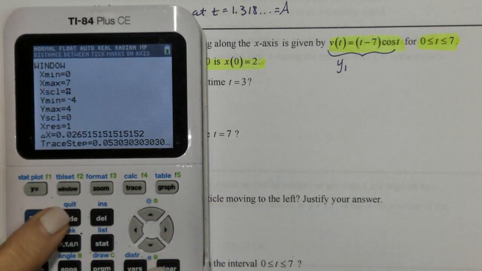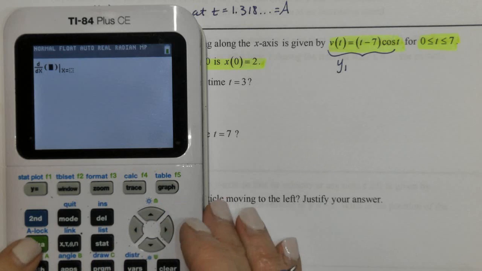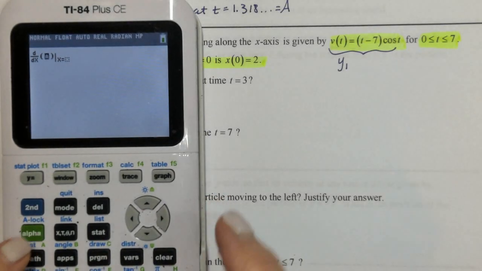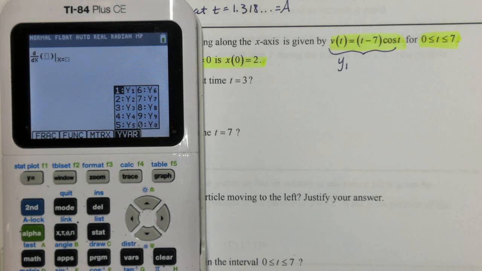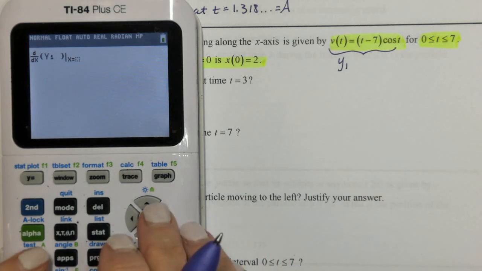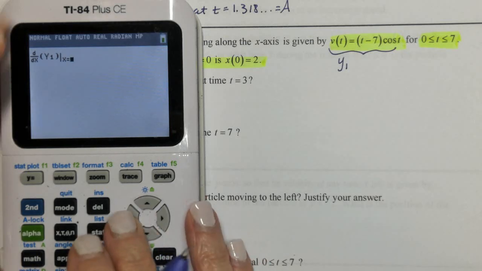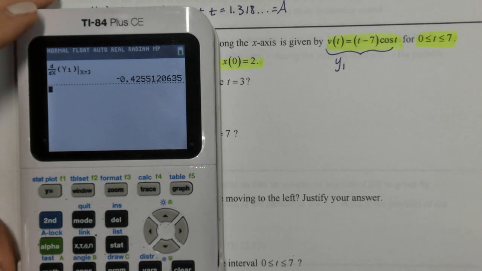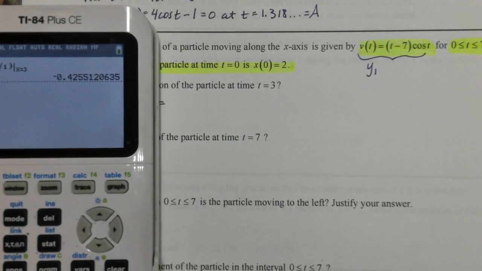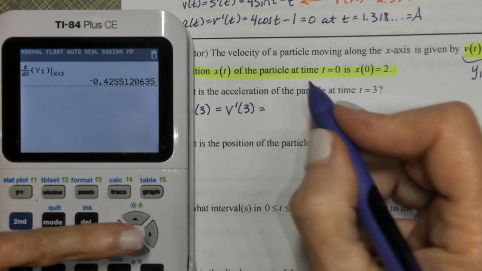So go to my home screen. The derivative of y1, to get to y1 I do alpha, and then I need to get up here to f4. So alpha f4, y1 at time 3, since that's what they wanted, and I give my answer correct to at least 3 decimal places.